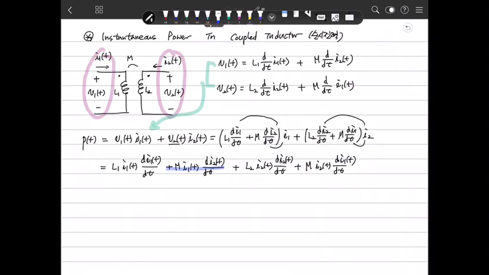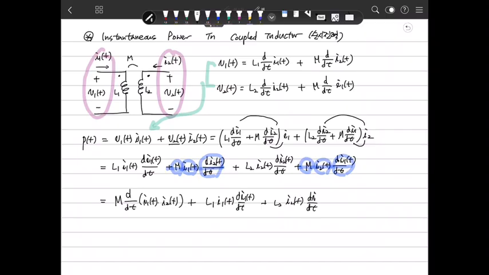Then we need to think about these two terms: M I1 di2/dt and M I2 di1/dt. Therefore we combine them as M d/dt of I1(t) I2(t), plus L1 I1(t) di1/dt plus L2 I2(t) di2/dt.